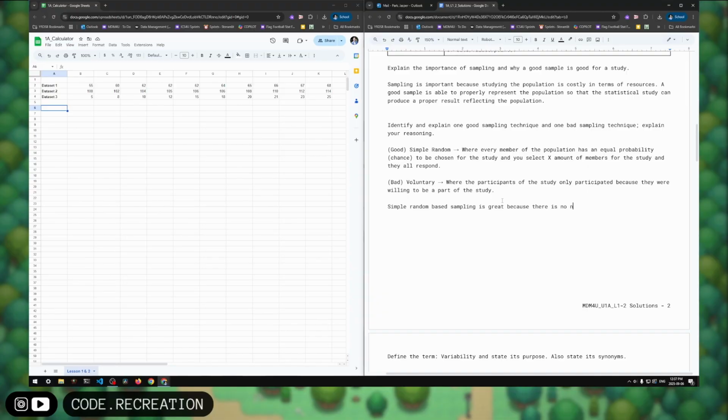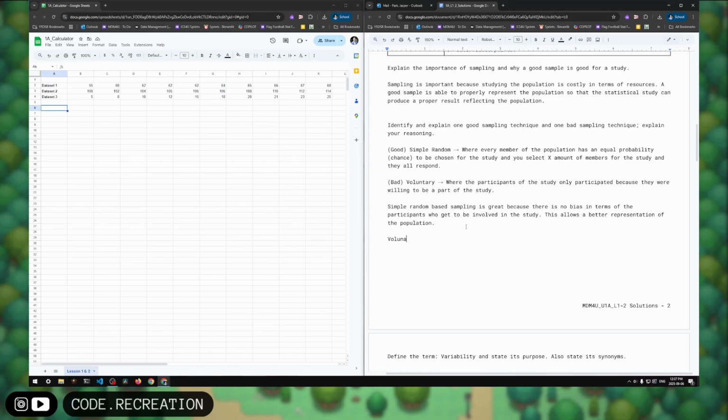There's no bias in terms of the participants who get involved in the study. This allows a better representation of the population.